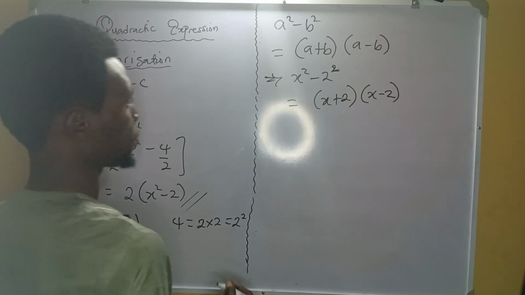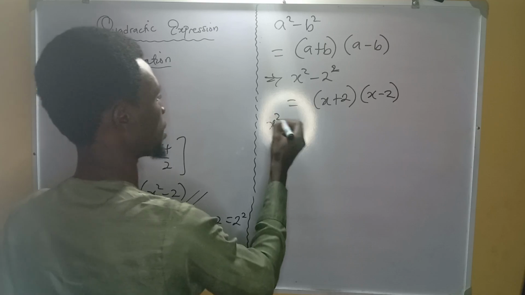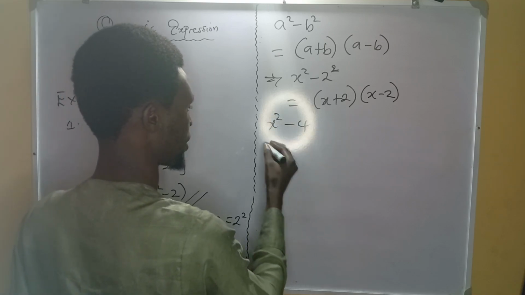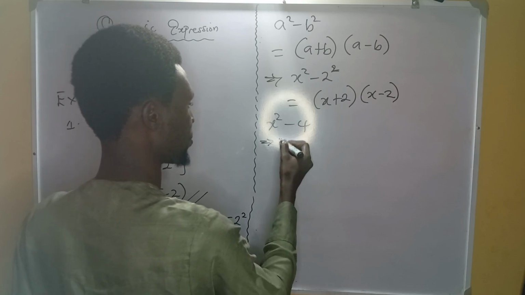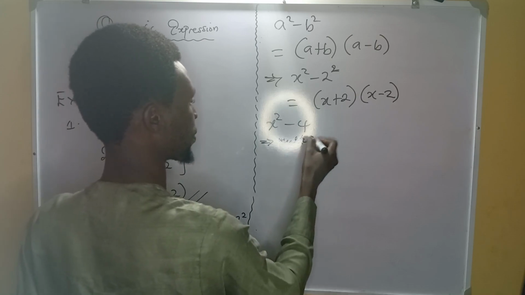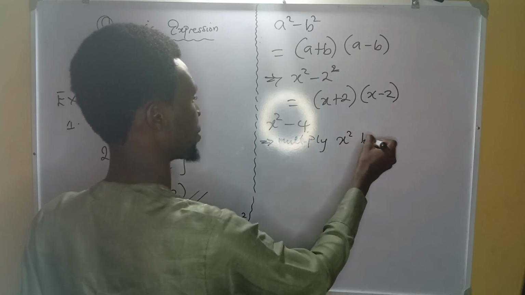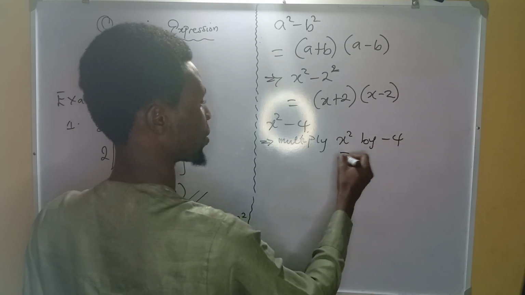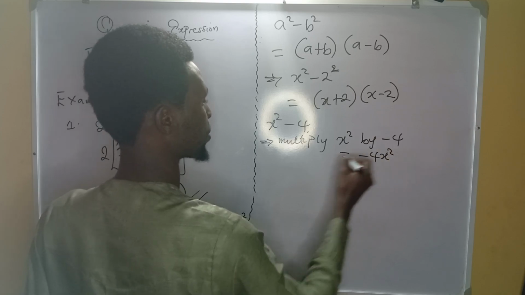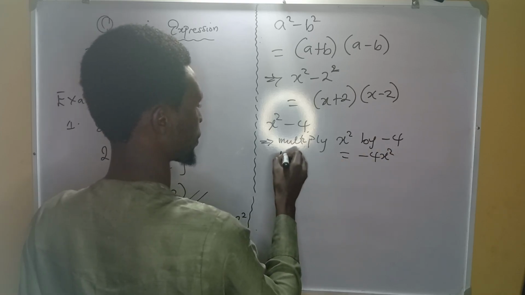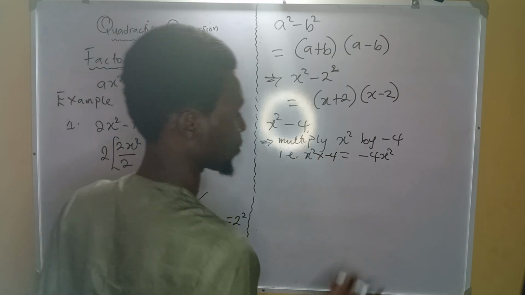Now, what if you want to do it in the conventional way? You have x squared minus 4 and you are asked to factorize. The first thing you do is, normally, you're supposed to multiply x squared by minus 4, such that you have minus 4x squared.